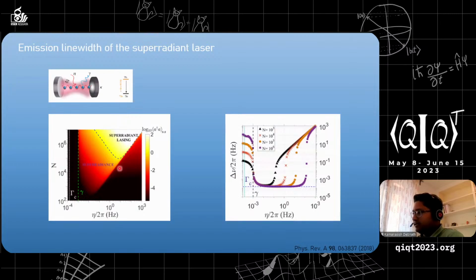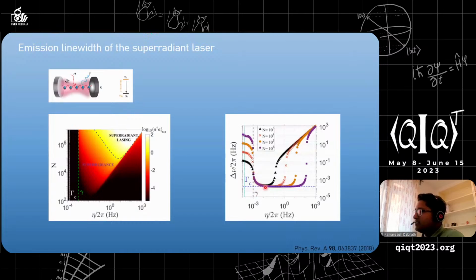And we are interested in line width because we want to make a laser. So it's the same thing here. In the x-axis, I have this eta parameter, which is the pumping parameter, and in the y-axis I am plotting the emission spectrum. So this cavity is emitting, and I'm calculating the spectra of it. Like before, as long as the pumping rate doesn't exceed the decay rate of the individual atoms, the line width is sufficiently high.